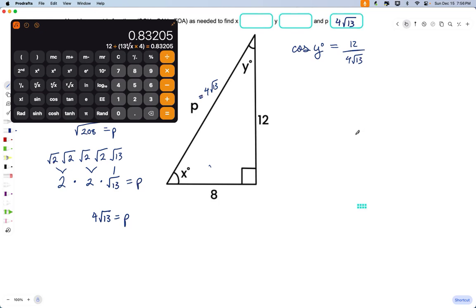Now we're going to find the inverse cosine, 33.69. That's our y, 33.69 degrees. So that means x just has to be subtracted. 90 minus 33.69 is 56.31 degrees. So that would be our x, 56.31 degrees, and y, 33.69 degrees. And that's our solution.